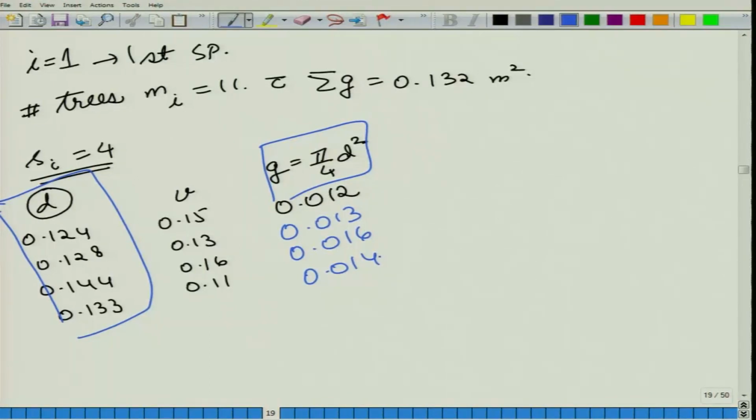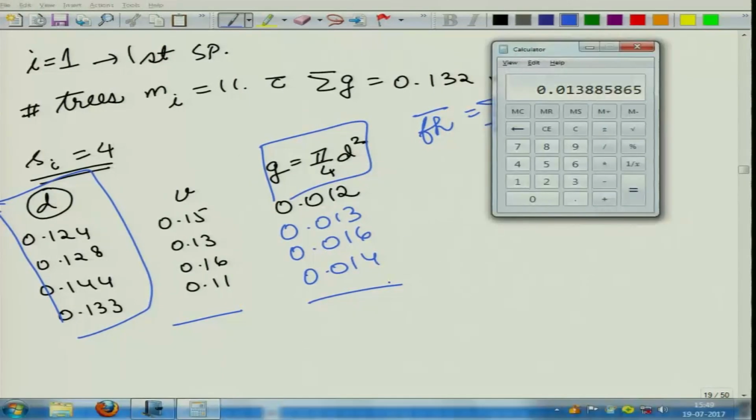Now, the form height or the mean form height in this case is given by the sum of the volumes divided by the sum of the basal areas. So, how much is the sum of the volume and how much is the sum of the basal area?